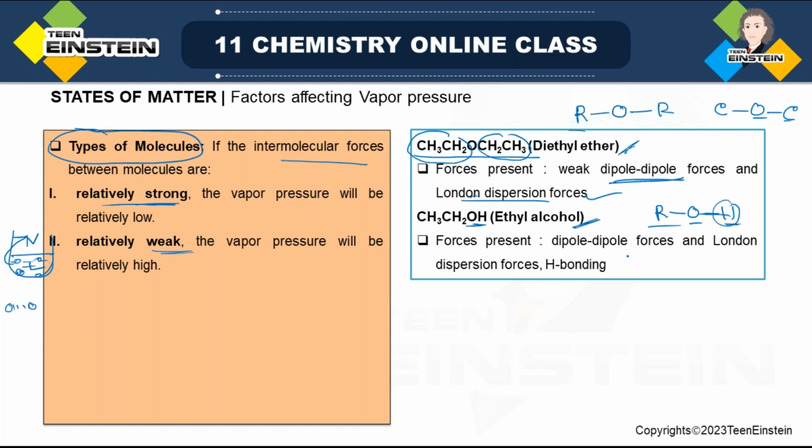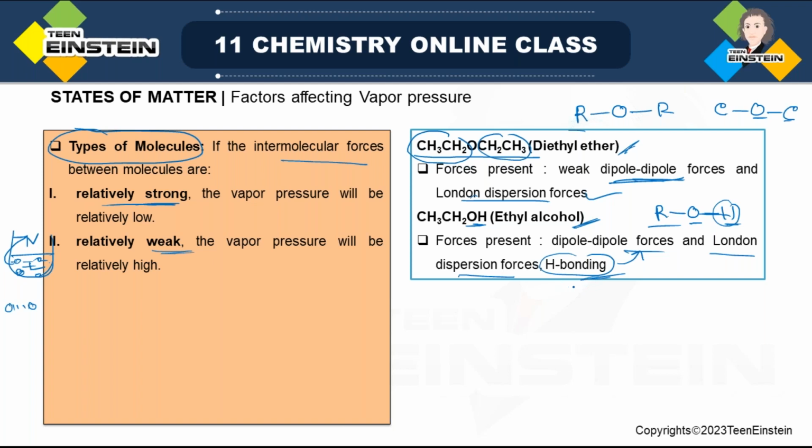So the dipole-dipole force and London dispersion will always be present, as I have said. Hydrogen bonding is also a type of dipole-dipole force, but a special kind. Dipole force is present in ether also, but in ethyl alcohol this special type of dipole-dipole force, the hydrogen bond, is very strong.